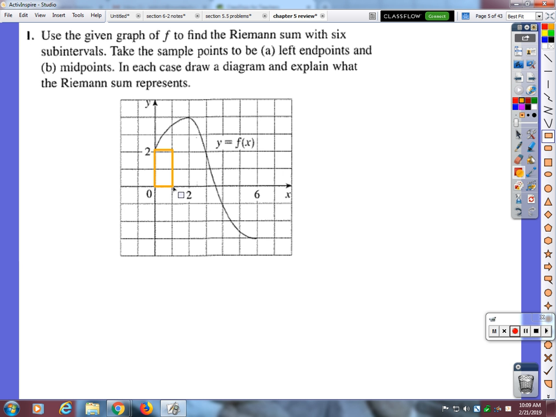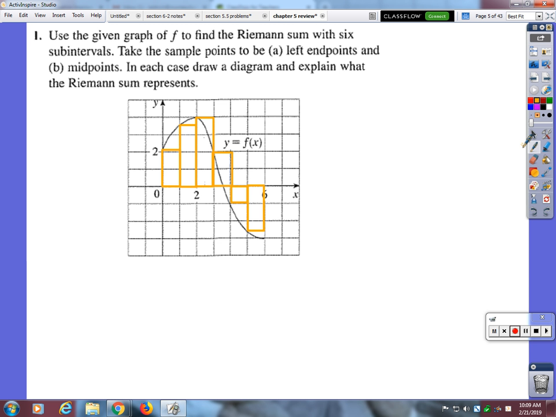And then this one is going to go from the left side of that rectangle up to the graph. And then this one goes from that left-hand side up to the graph. And the left-hand side up to the graph. And then this one is going to go down to the giraffe. Look at this giraffe. Yeah, I think it was this exact same problem.